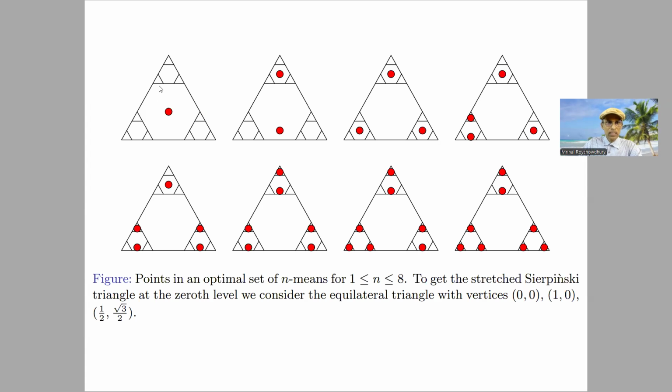Then when you apply the mapping S2, it goes to this small triangle. Then when you apply S3, it goes to here. Now if you apply the mappings again, you will get smaller triangles. And if you keep going this way, in the limit, you will get the stressed Sierpinski triangle.